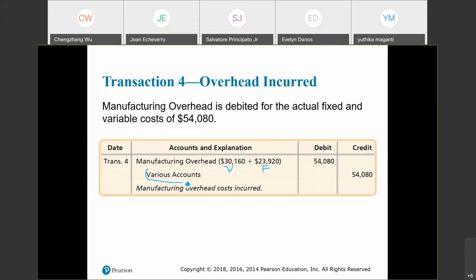And for various accounts, it could be cash, or accounts payable, or accumulated depreciation, or prepaid insurance, and any other related overhead accounts.